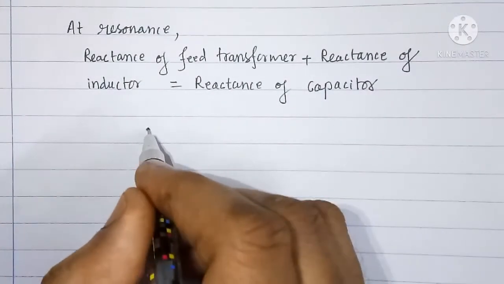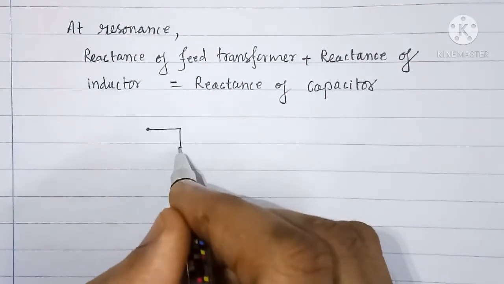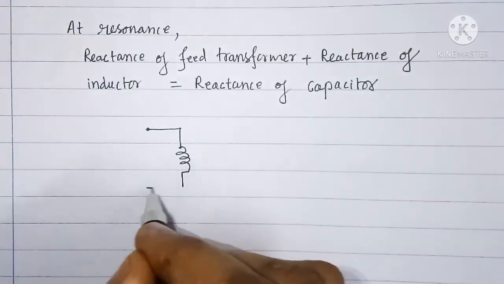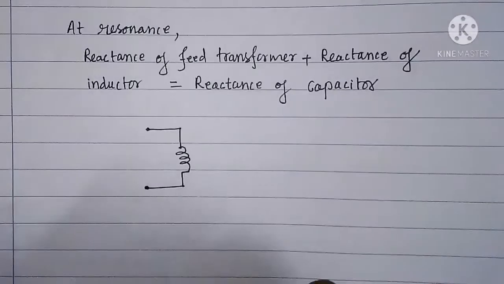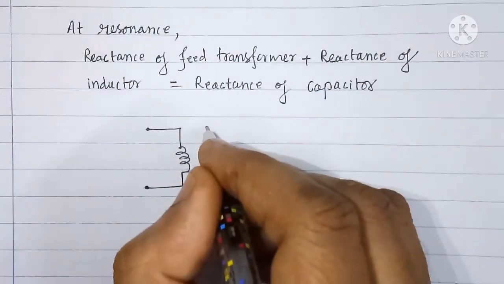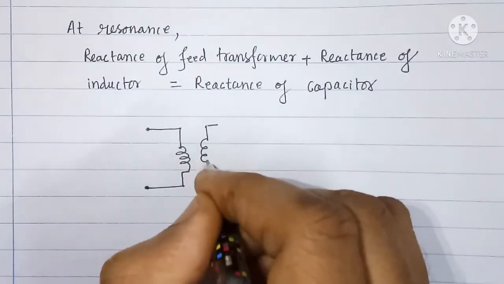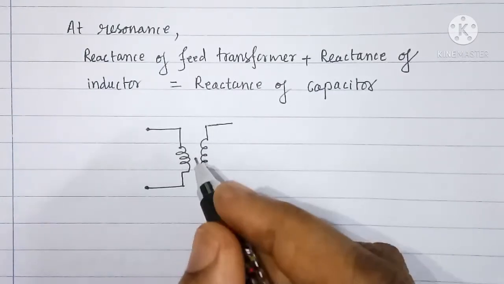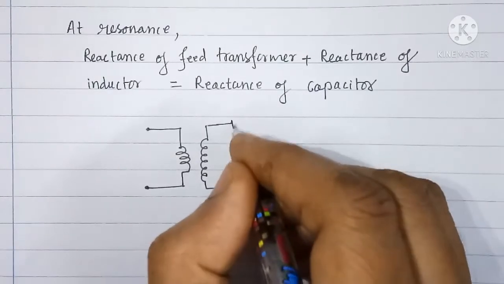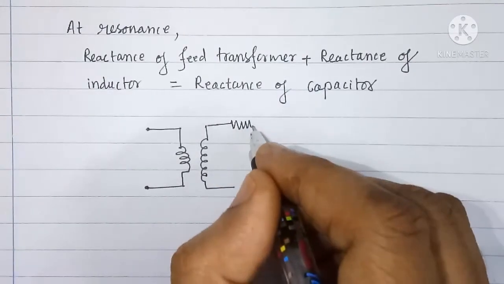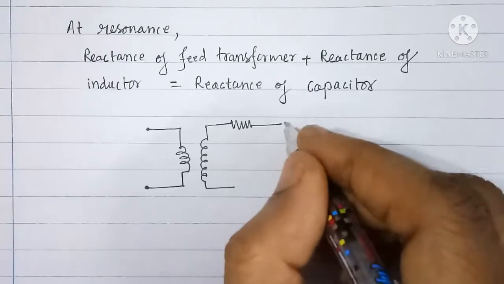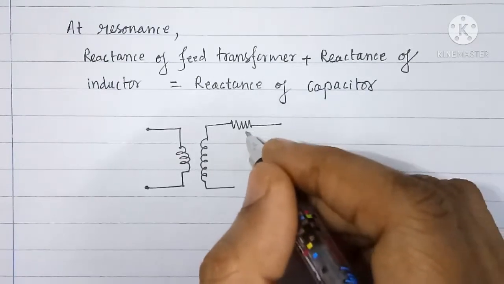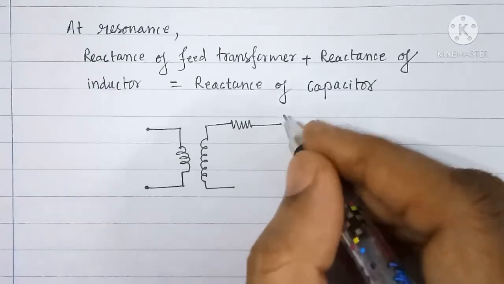The circuit used for the test actually appears like this. It is feed transformer primary, feed transformer secondary, resistance of inductor, and the transformer included here.